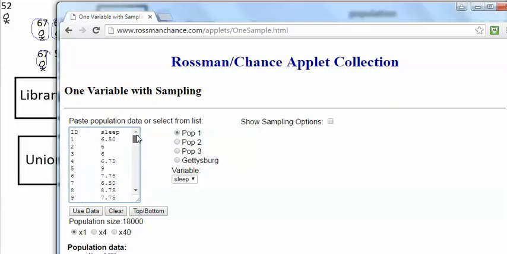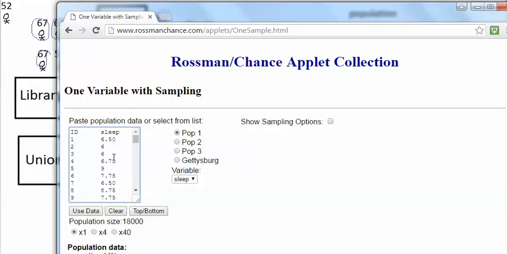So now let's pretend that we want to do a study in which we want to take a sample of this population, record the number of hours that the people in our sample are getting per night, and then calculate the mean of our sample to estimate the mean of the population. So we're going to give the people in our sample a survey that asks them, how many hours of sleep are you getting each night?